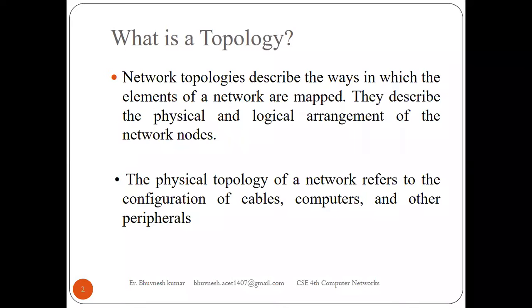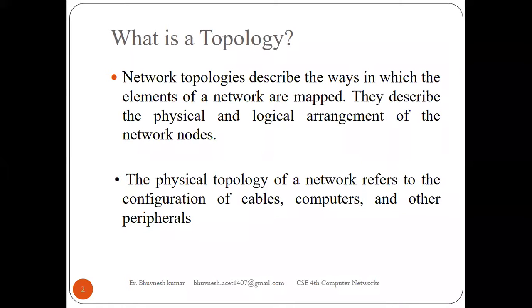These are the elements, or we can also say nodes, and when we arrange and connect them with each other, they will create a topology. There are different types of topologies.